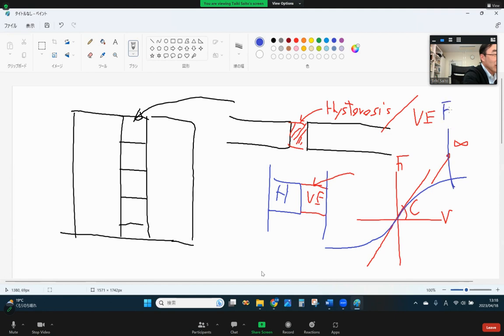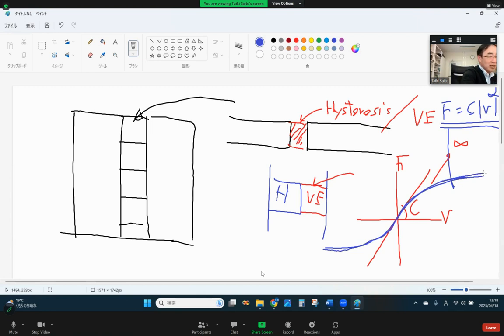In this case, F equals C multiplied by velocity to the power alpha. In this formula, it is nonlinear and going to be flat.